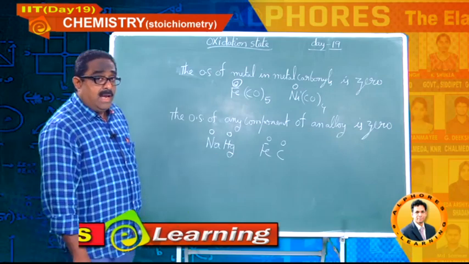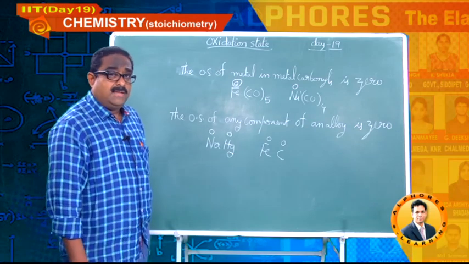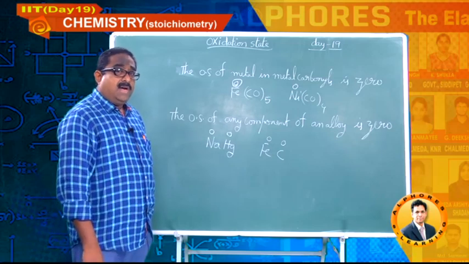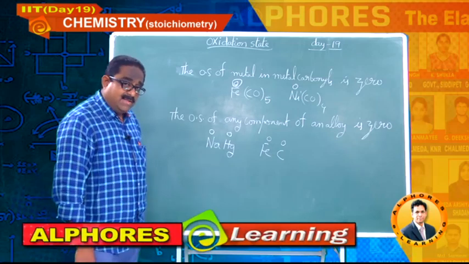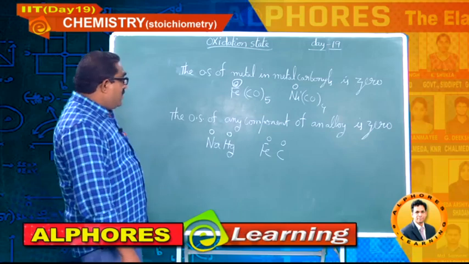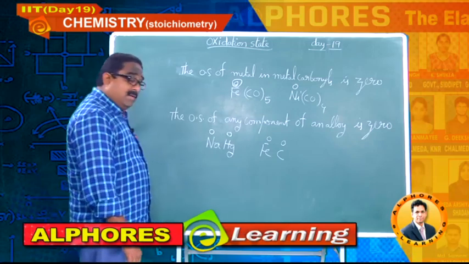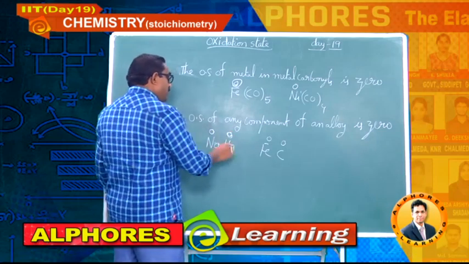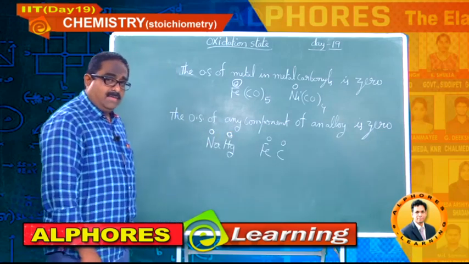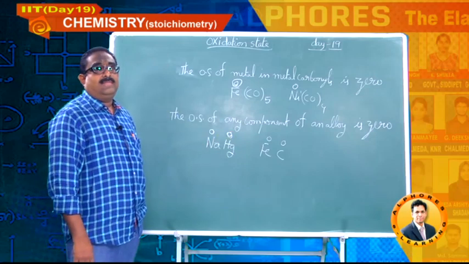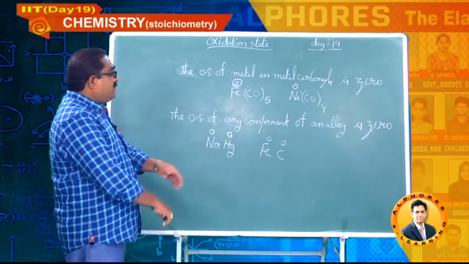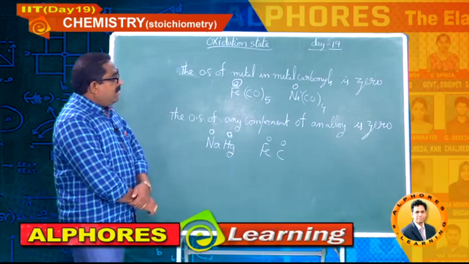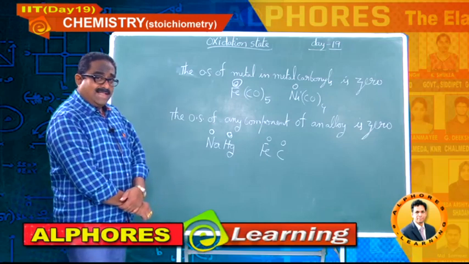Formation of an alloy is a physical change, not a chemical change. So there is no transfer of electrons. So simply you can say the oxidation state of components of an alloy is always 0. Please note down these two. Then now we will go for the exercise. Please note it down.